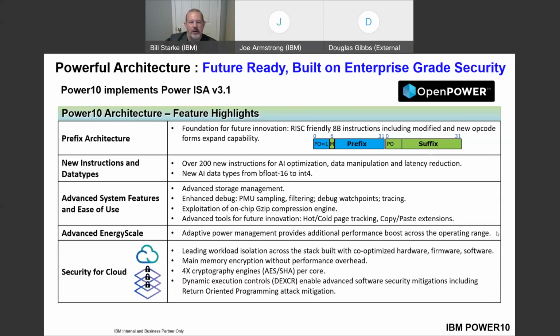We greatly expanded our crypto capability. There are 4 times as many crypto engines in the processor core. We also have better controls for some of the options for security mitigations, and we have some return-oriented programming attack mitigation, going after a specific attack vector with our architecture.